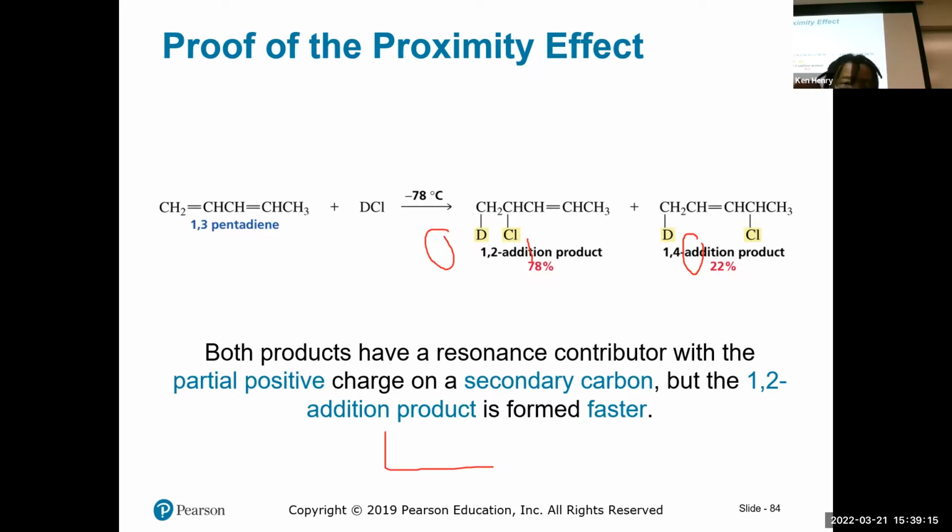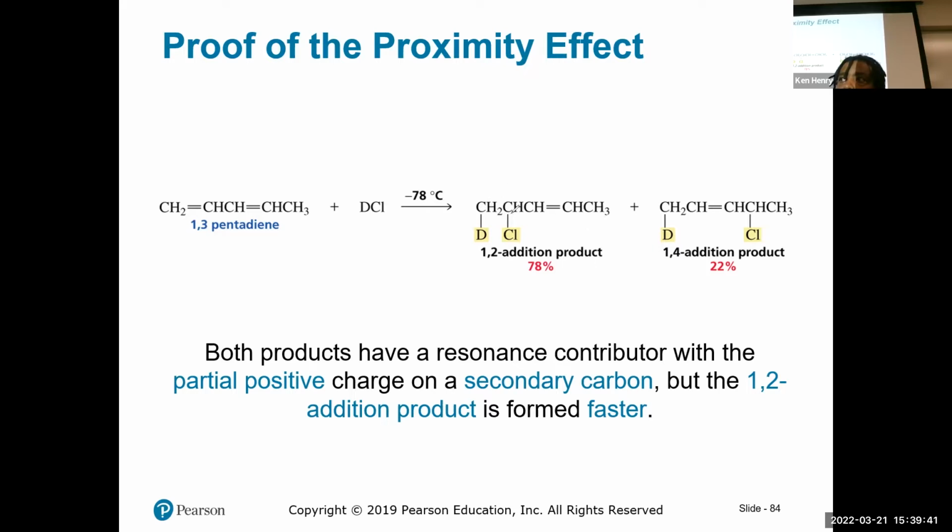So here's another example, at negative 78 degrees Celsius. In this case, you're going to have resonance structures, both contributing. But this one, again, is going to be favored due to proximity.